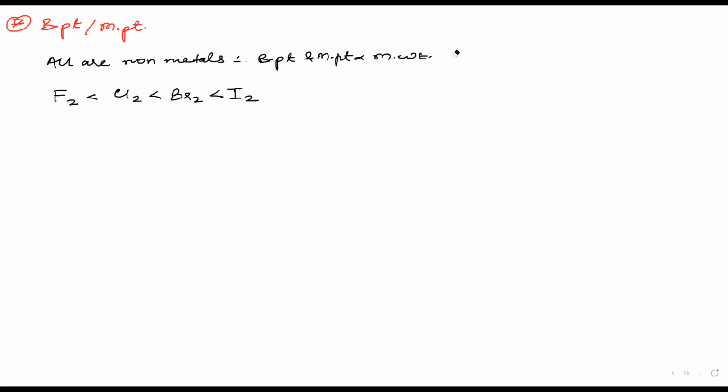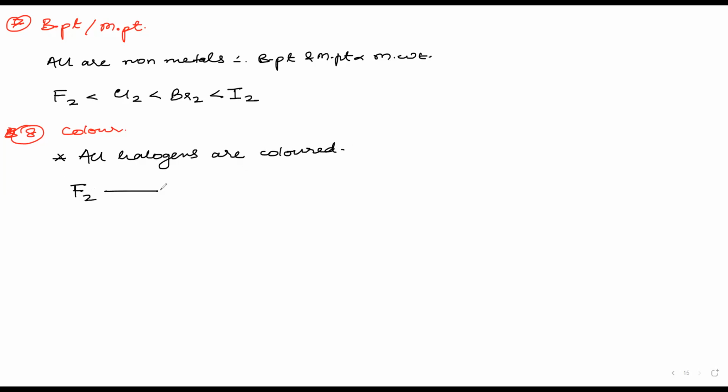The next thing is color. This will be 8. Color. All halogens are colored. Ahmed, what is the color of fluorine? You said you have seen fluorine. You just answered in the starting of this class.